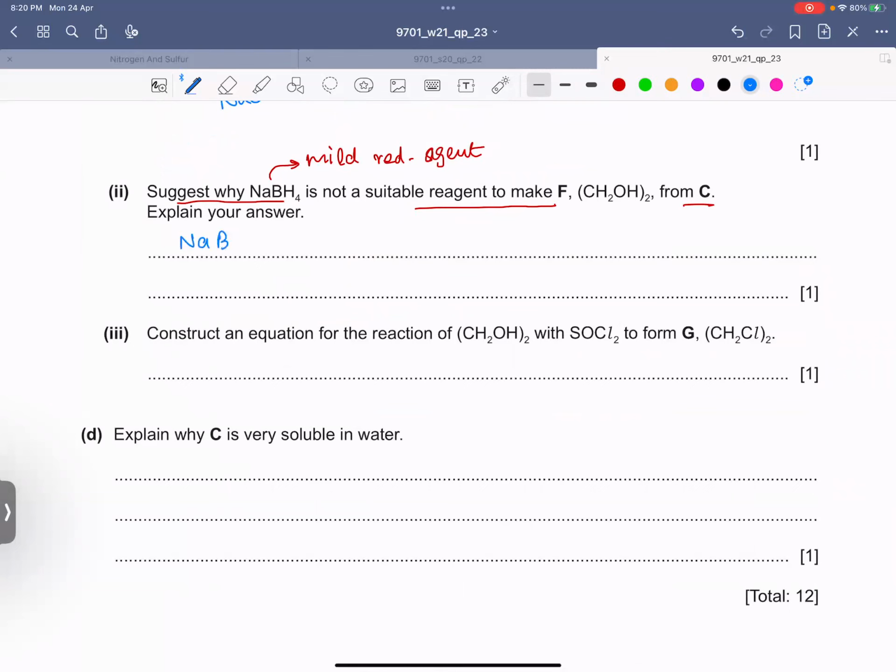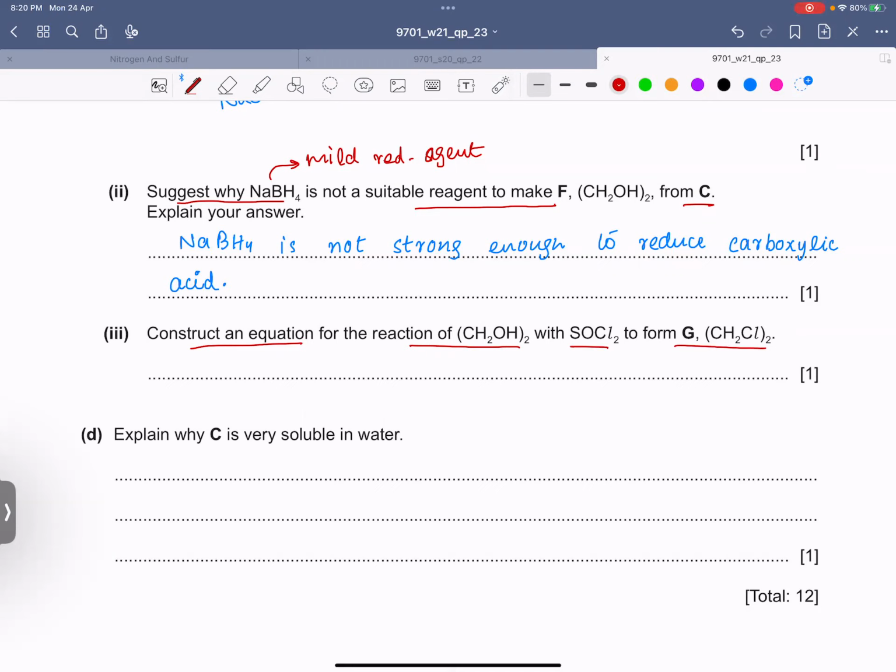So I can write that NaBH4 is not strong enough to reduce carboxylic acid. Now, construct an equation for the reaction of this with SOCl2 to form CH2Cl2.